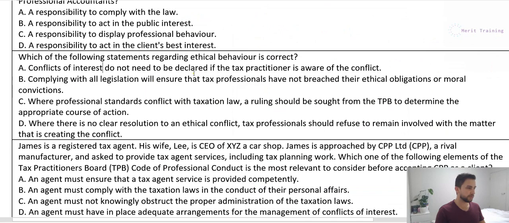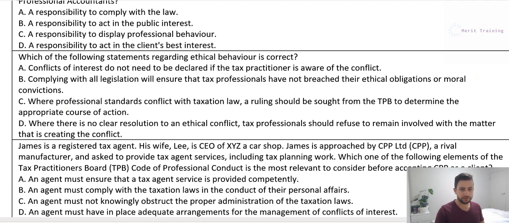B is complying with all legislation will ensure that tax professionals have not breached their ethical obligations or moral convictions. We know that legality and ethical issues are different categories. Sometimes both can be satisfied. Sometimes something can be ethical but illegal. Sometimes something can be legal but unethical. So it's not necessarily a clear-cut thing.